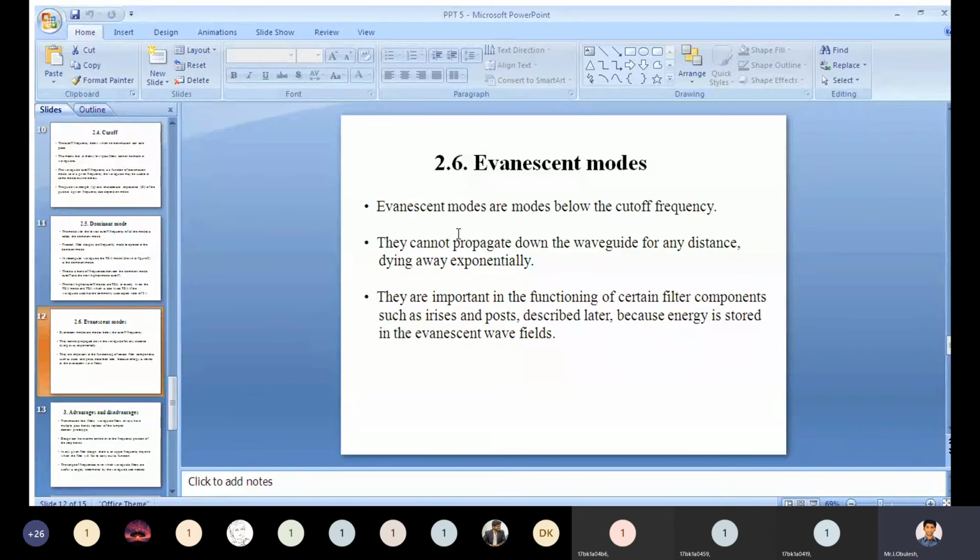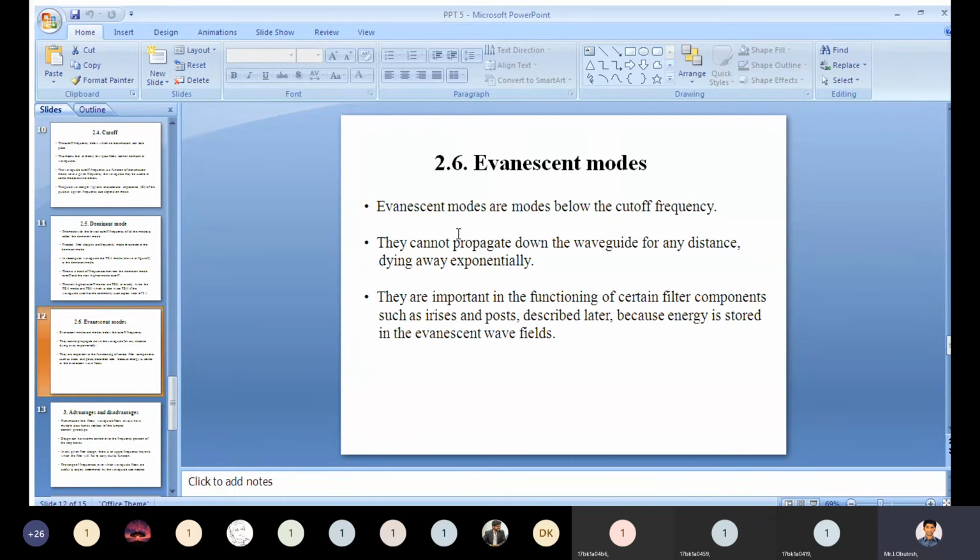They cannot propagate down the waveguide for any distance, dying away exponentially.